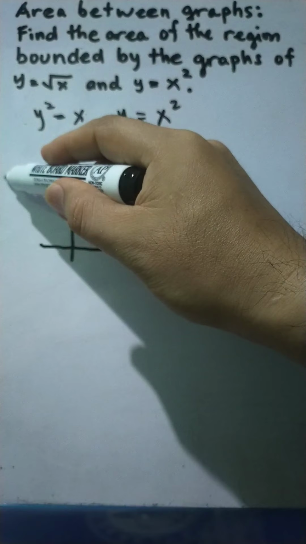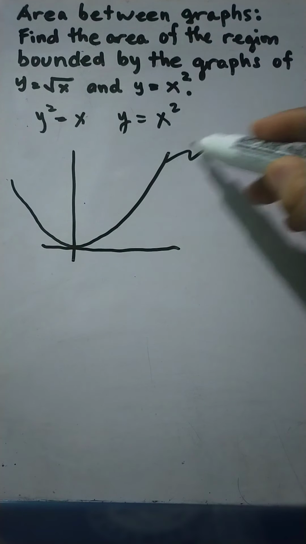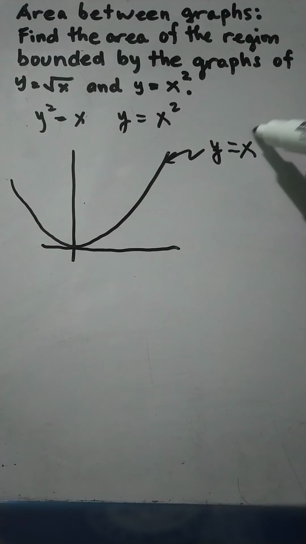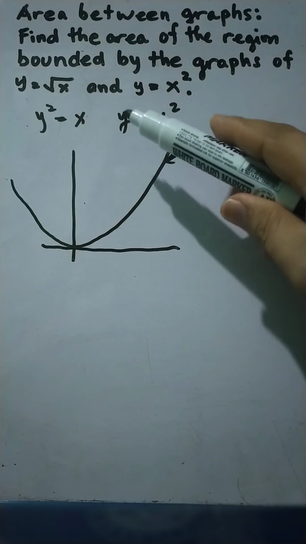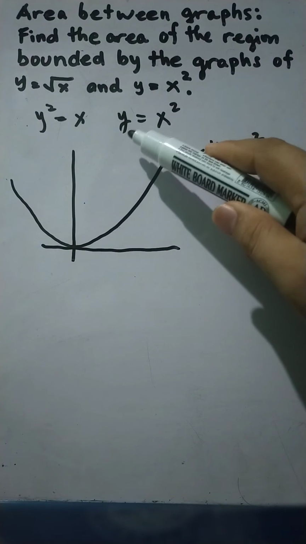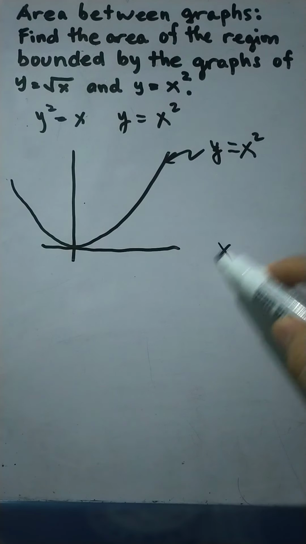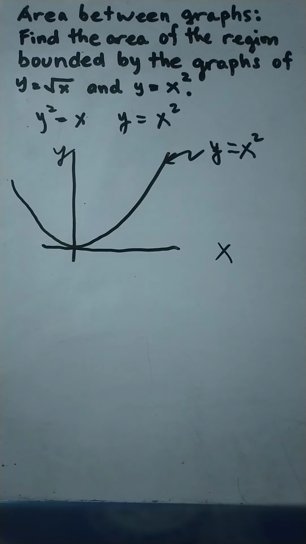This is the drawing of our parabola, y equals x squared. This is our x, this is our y coordinate, so it opens to positive y.